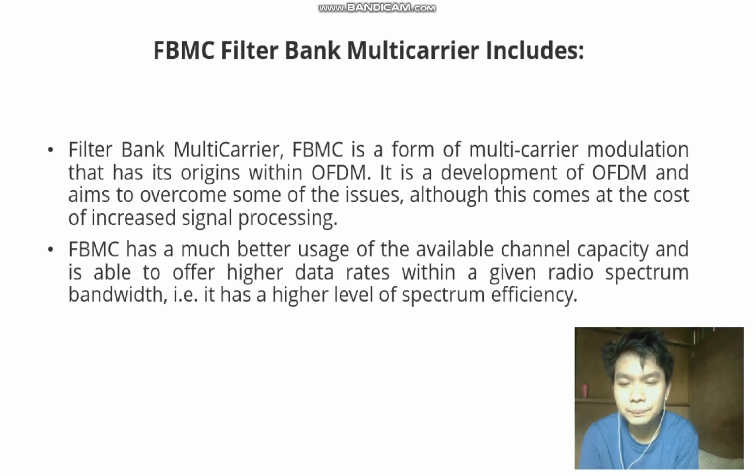FBMC has a much better usage of available channel capacity and is able to offer higher data rates within the given radio spectrum bandwidth. It has a higher level of spectrum efficiency.